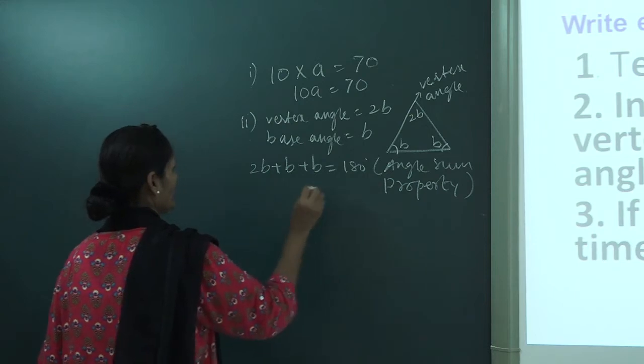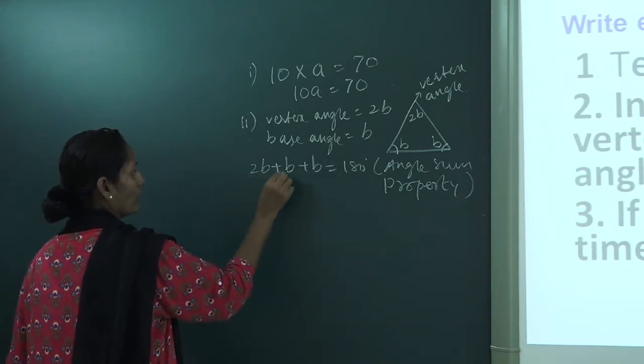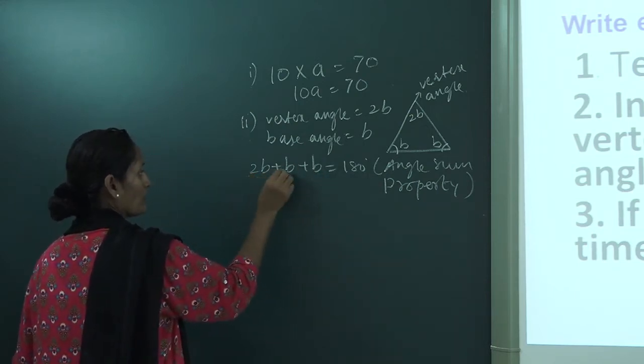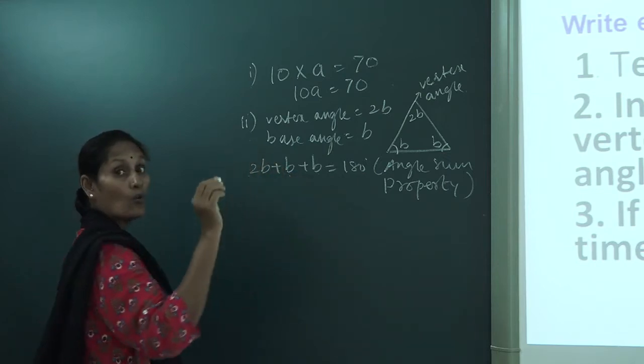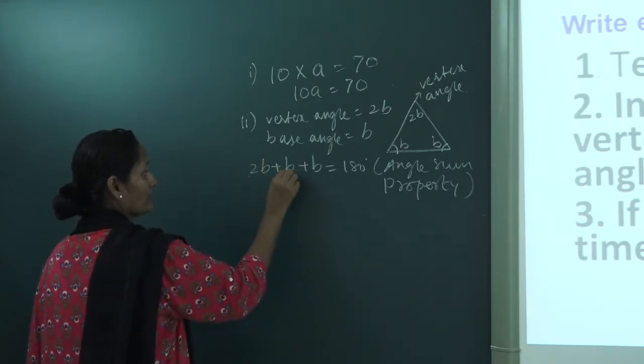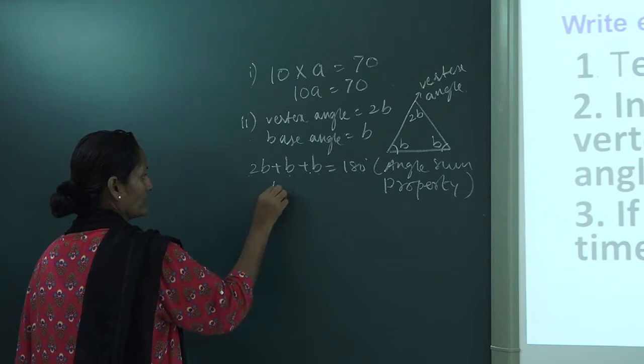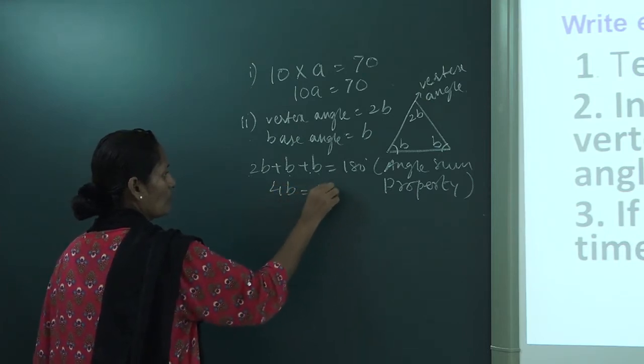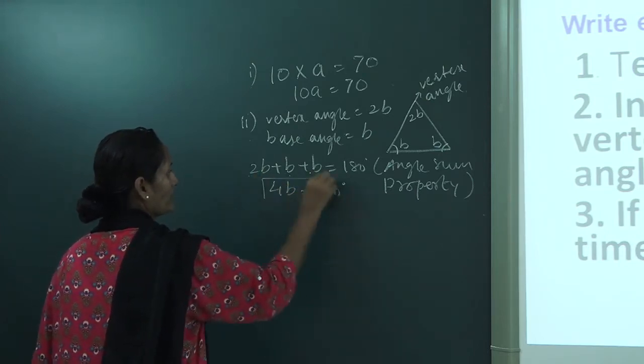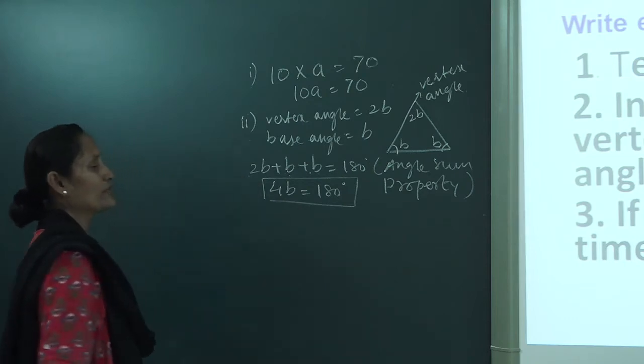Now if you add, all the variables are the same. So 2 plus 1 is 3, 3 plus 1 is 4. So it is 4B equals 180 degrees.